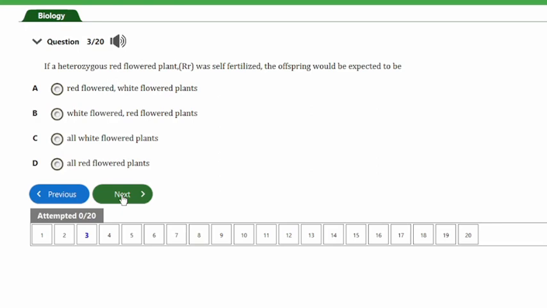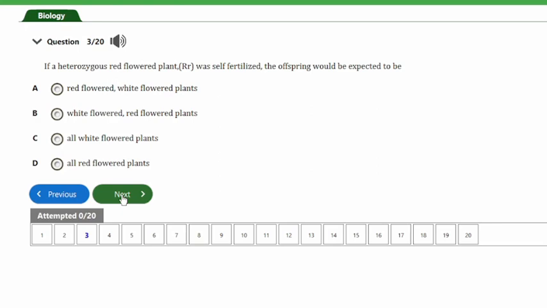So guys, the answer to this question is option A, and that's because if we are to check out the genotypic ratio, we'll have 1:2:1, where we simply have one homozygous red flower and then two heterozygous red flower and then one homozygous white flower.